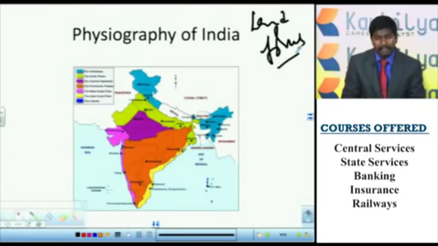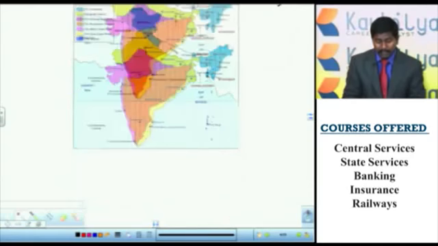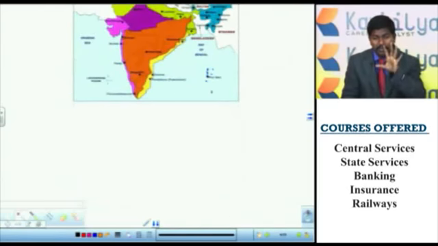Now, the Indian physiography is basically divided into 5 groups. Number 1, northern mountains. Number 2, northern plains. Number 3, peninsular plateau. Number 4, coastal plains. And number 5, islands.